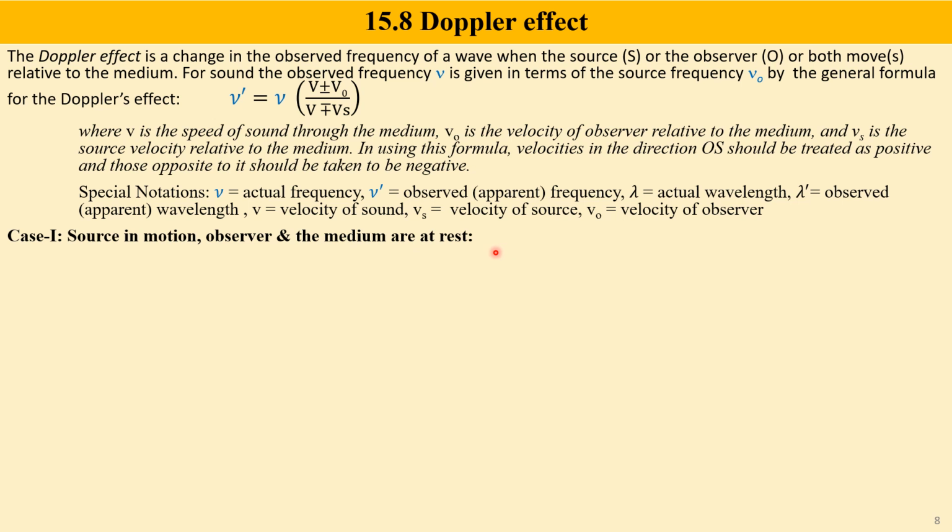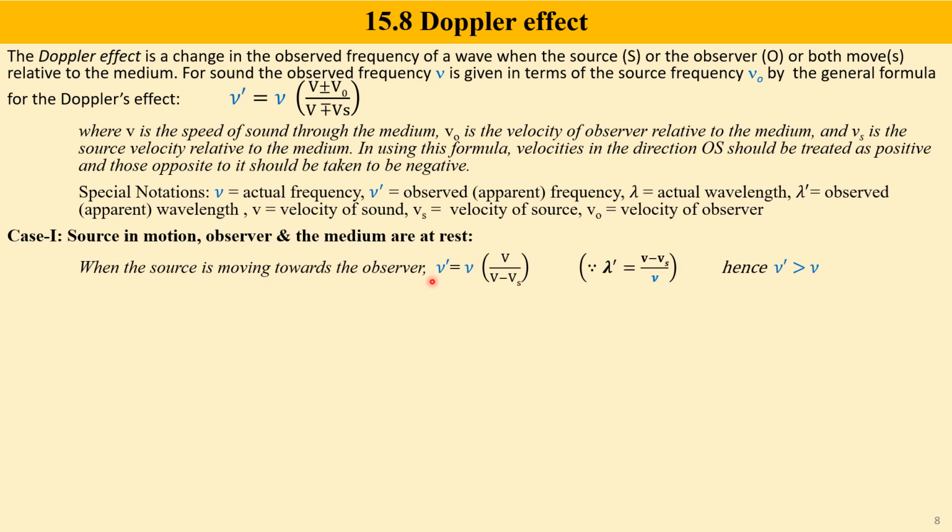Let us consider three cases arising due to motion of the source, observer and the medium. So first case is source is in motion, observer and medium are at rest. So when the source is moving towards the observer, nu dash is equal to nu into V divided by V minus Vs, because V naught is 0.